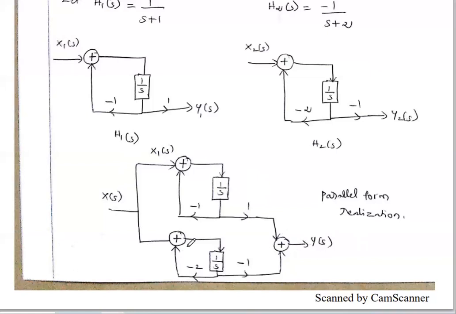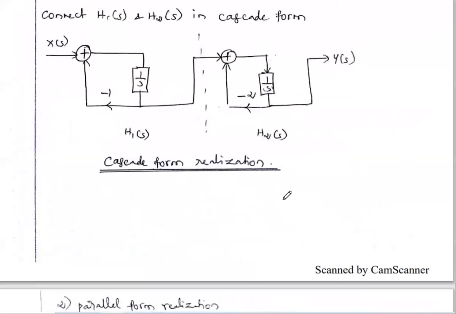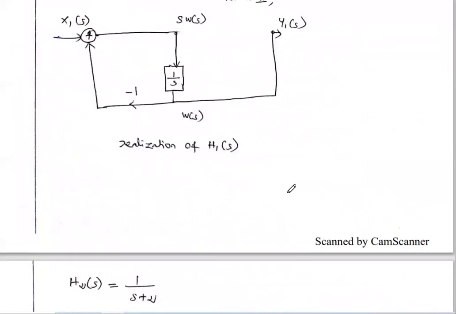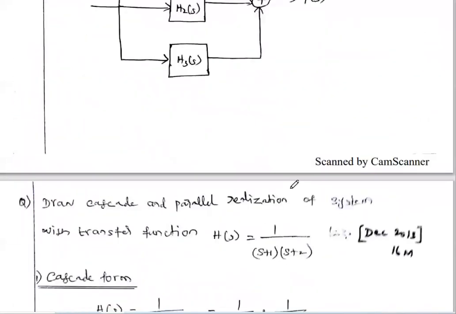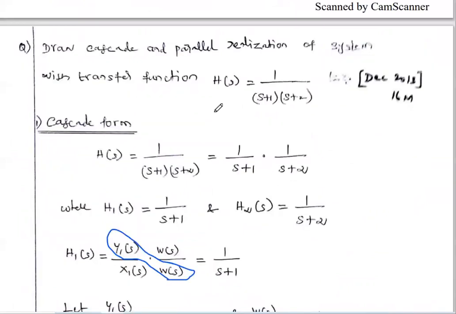So this is a parallel form realization. This is the important question. For the same problem we derived the cascade form realization and parallel form realization. These are all the 4 types of realization of LTI CT systems.